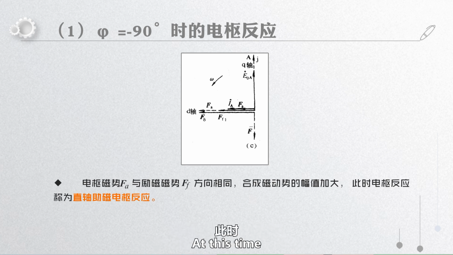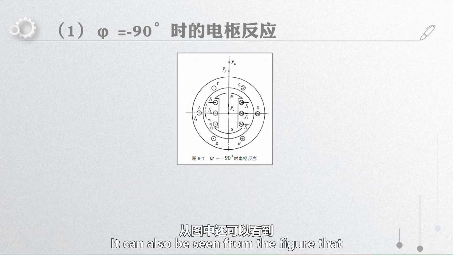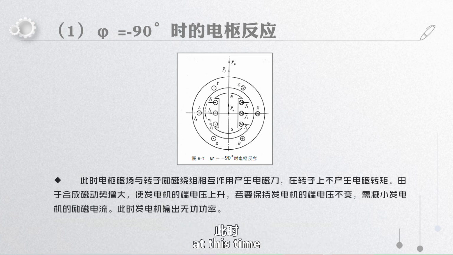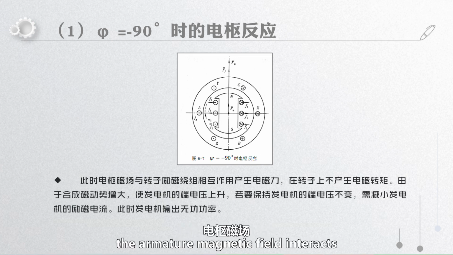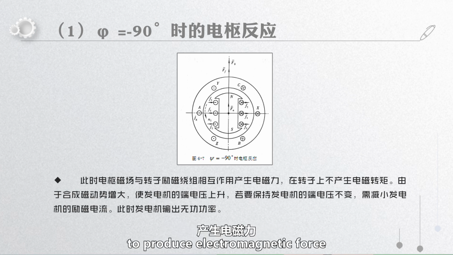At this time, the armature reaction is called direct axis magnetizing armature reaction. It can also be seen from the figure that, at this time, the armature magnetic field interacts with the rotor excitation windings to produce electromagnetic force.